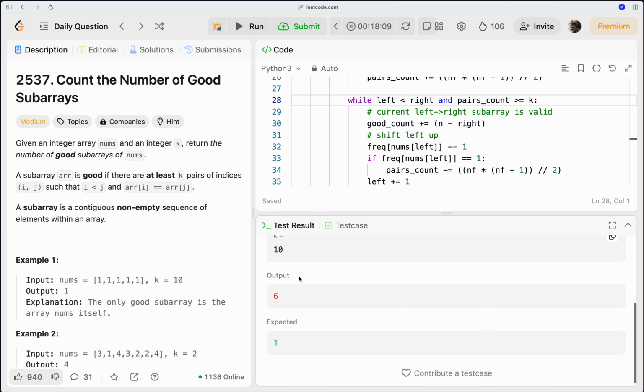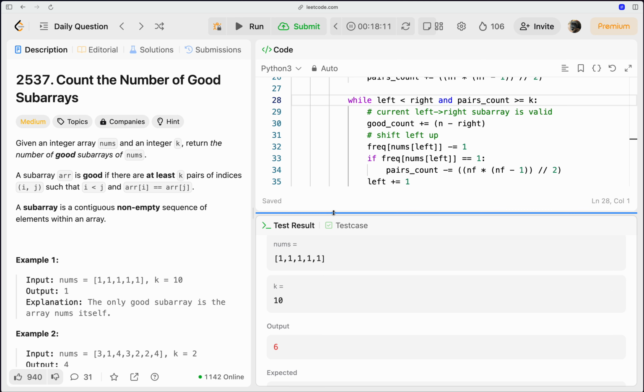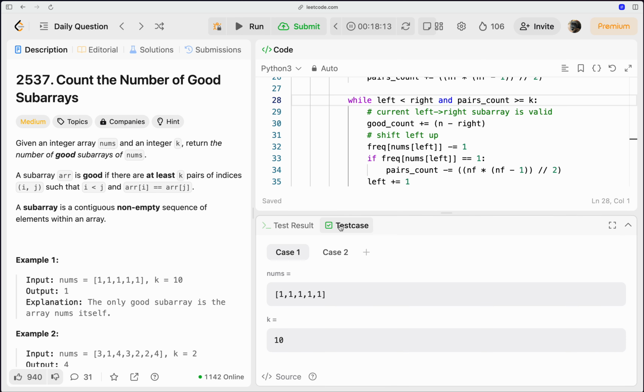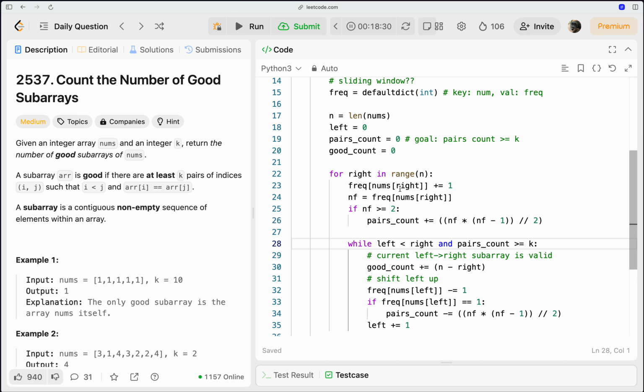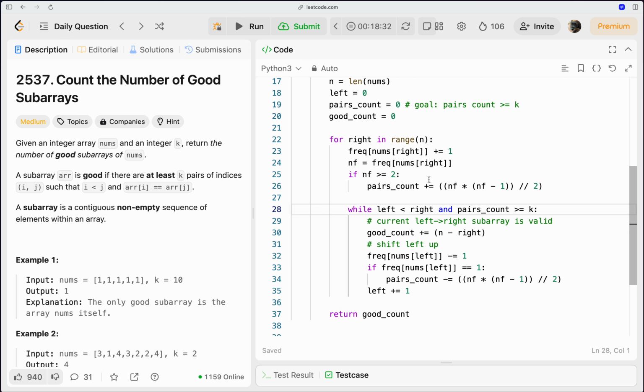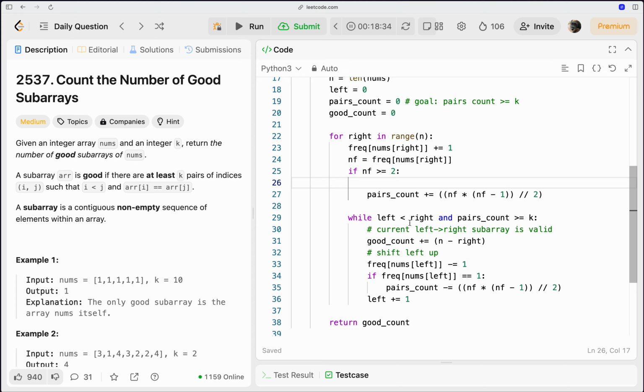It worked for that, but not this one. This one is just because there's not more than 2 of the frequencies. So when there's a lot of frequencies we're messing up, and that's because I'm double counting right here, if it's greater than or equal to 2.